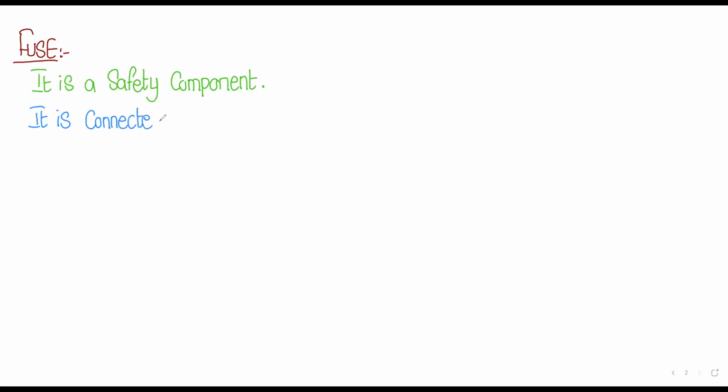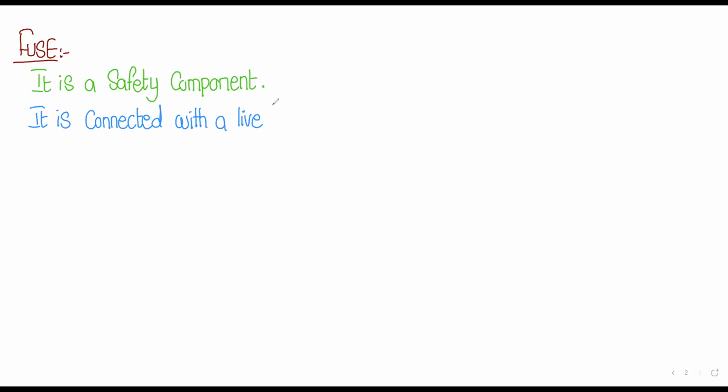And more important, it is connected with a live wire, right? There is a reason for connecting fuse in a live wire, because current will start flowing from the live wire. So if there is high voltage or high power, current will first flow from the live wire, and if there is a high value of electric current or high voltage over there, it will break the circuit from the main, right?